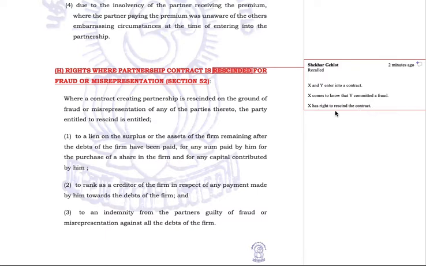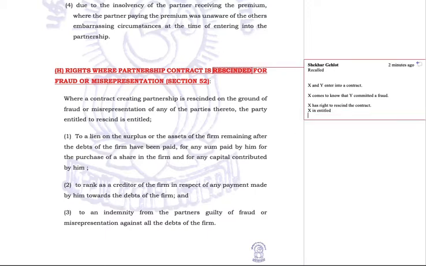The party entitled to rescind is entitled, now X is entitled, to what? To a lien on the surplus of assets of the firm remaining after the debts of the firm have been paid, for any sum paid by him for the purchase of a share in the firm, and for any capital contributed by him.